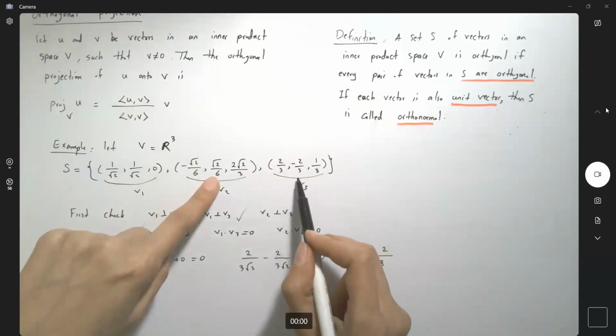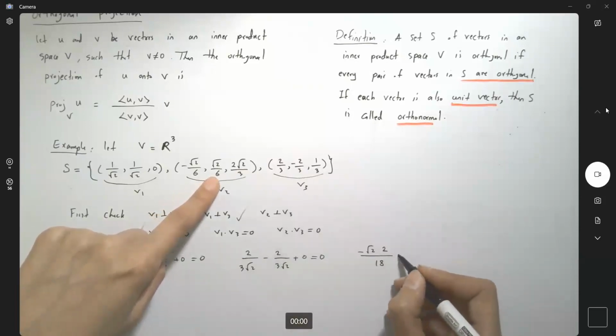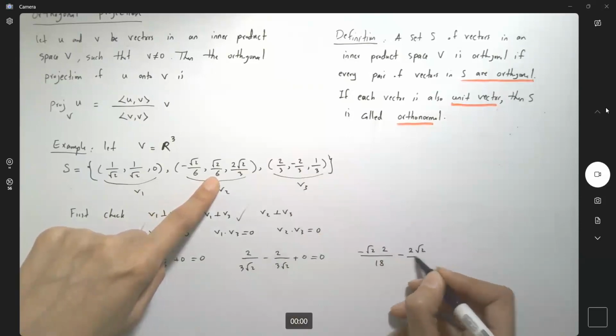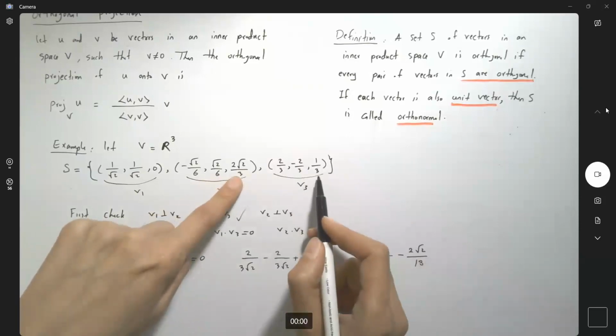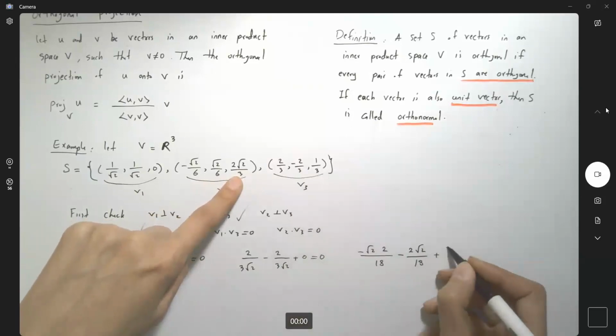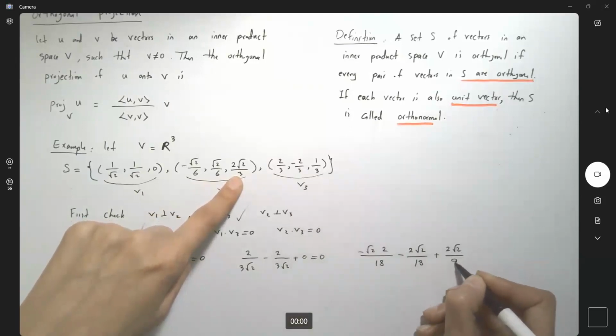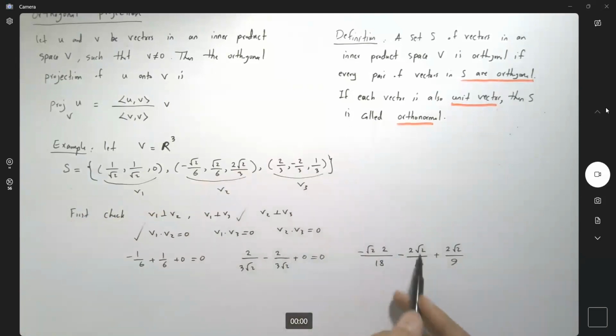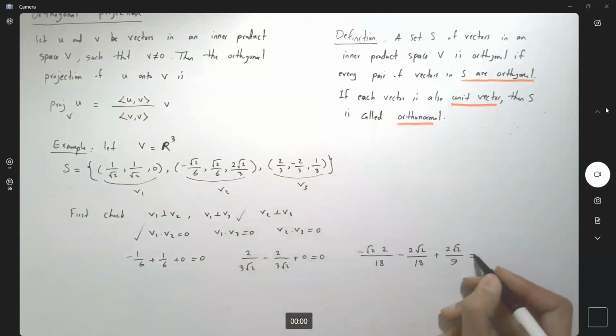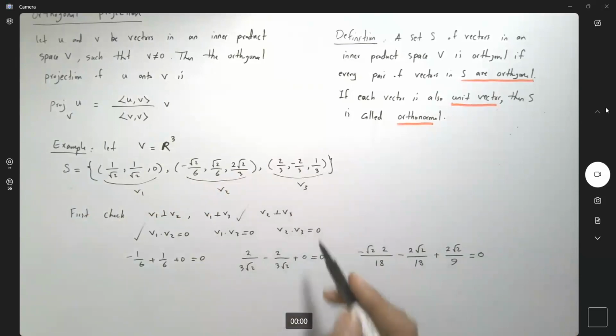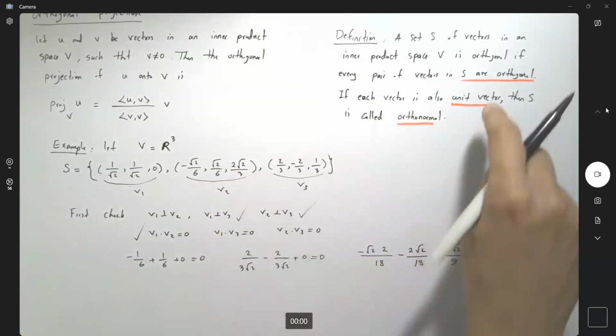And here, if I multiply these two, I get negative 2 square root of 2 divided by 18, and multiplication between these two gives plus 2 square root of 2 divided by 9. So if I add these together, it is negative 2 square root of 2 divided by 9. So the sum is 0. These two are also orthogonal.